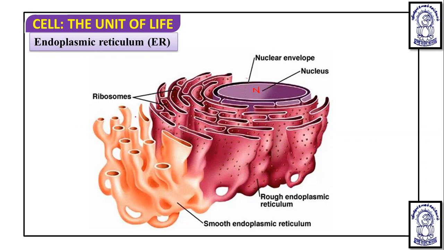This whole is known as the endoplasmic reticulum. But near the nucleus, you will see that the endoplasmic reticulum has ribosomes over it. Due to the presence of ribosomes, this part has a granular, rough structure, so it is known as rough endoplasmic reticulum. But the part which is away from the nuclear envelope and near the cell membrane does not possess ribosomes, and this is known as smooth endoplasmic reticulum.